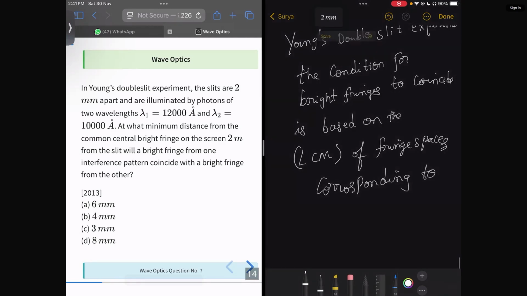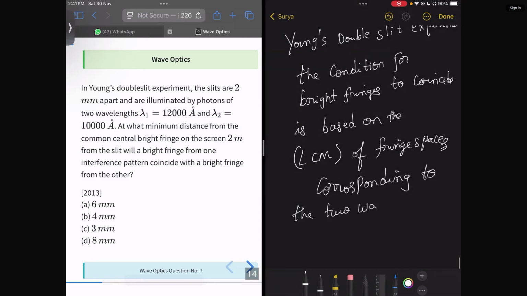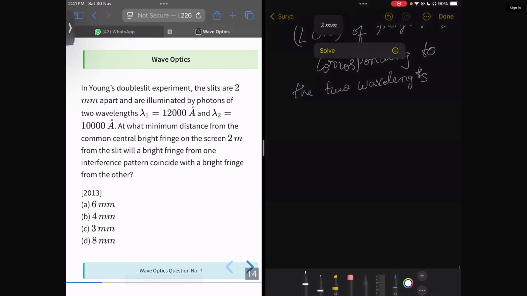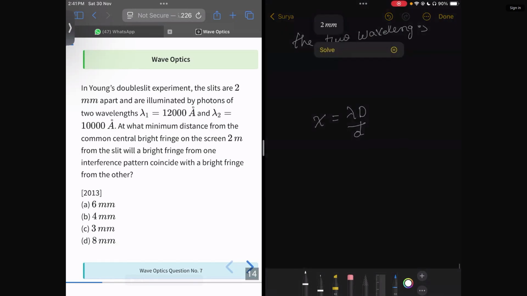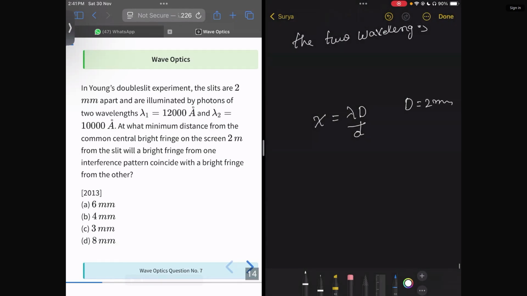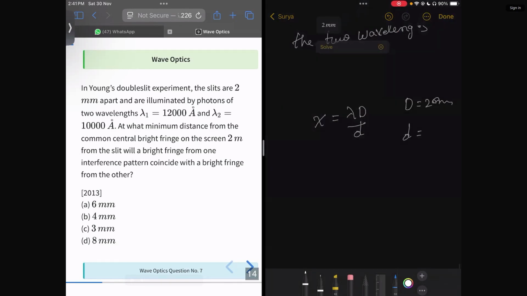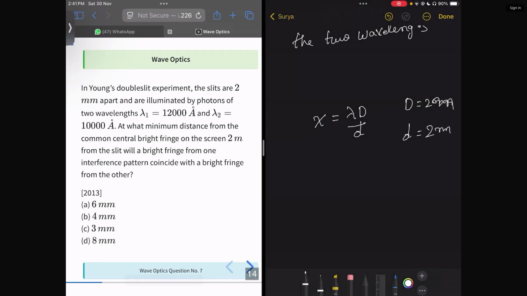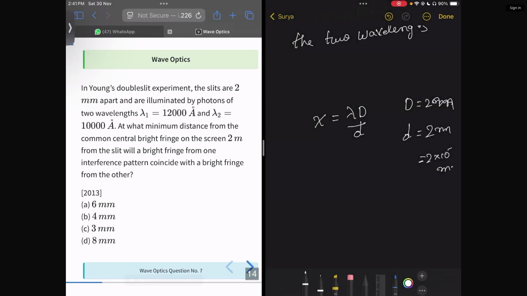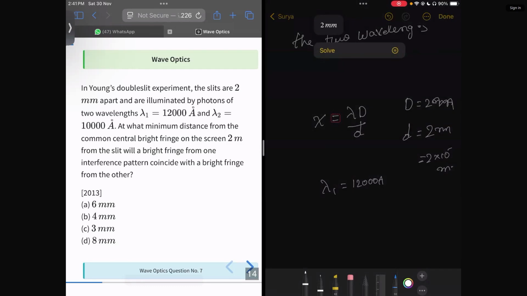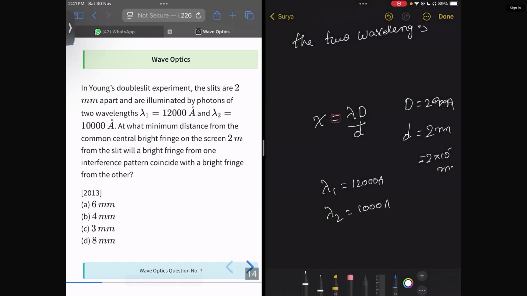If the fringe spacing is x and the wavelength is lambda, x is equal to lambda D by small d. Here capital D is 2 meter and small d is 2 mm, which is 2 into 10 power minus 3 meter. Lambda 1 is 12,000 angstroms and lambda 2 is 10,000 angstroms.